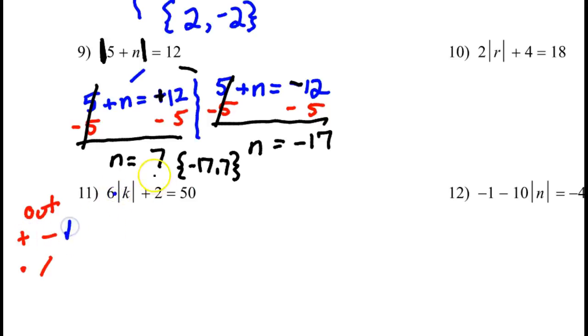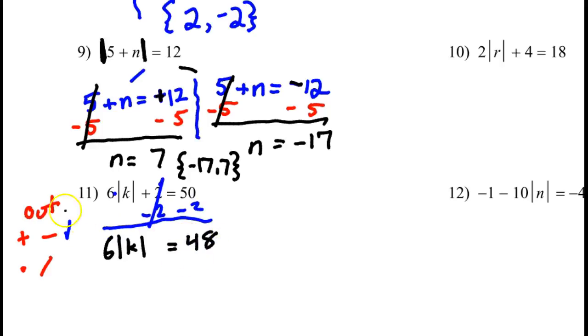So get rid of the plus 2, that's first, by making it 0, so subtract 2. That's the first step. It's only on the outside. Okay, so we have 0 here, bring down everything else we didn't use. So we have 6 times the absolute value of k equals 50 minus 2 is 48. That's step 1. Take care of on the outside any adding or subtracting.